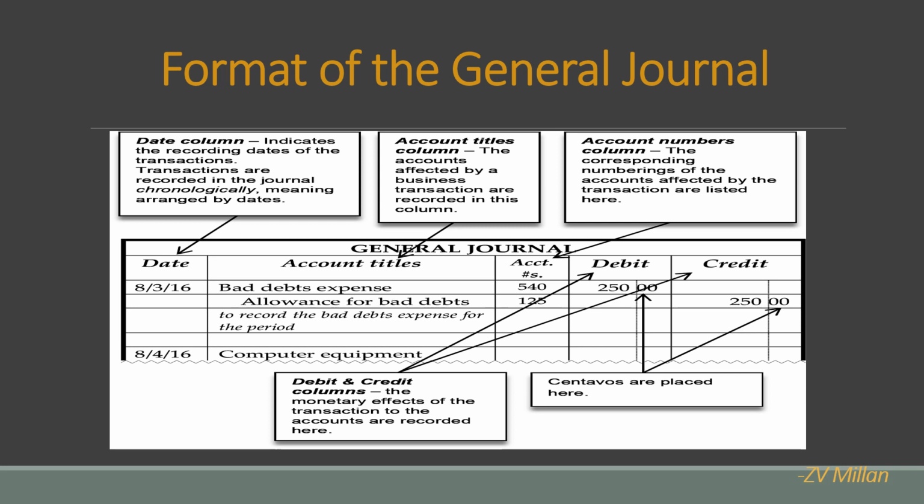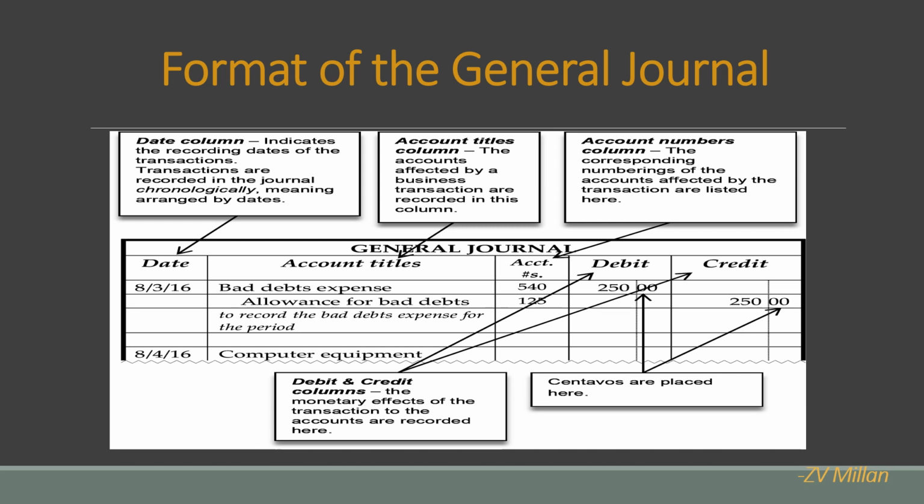So, on the PR column or posting reference column, ginagamit natin siya when the entries are already posted. So, as long as the entries are not yet posted in the general ledgers, hindi natin nilalagyan ng posting reference yung PR column. Next is the debit column.